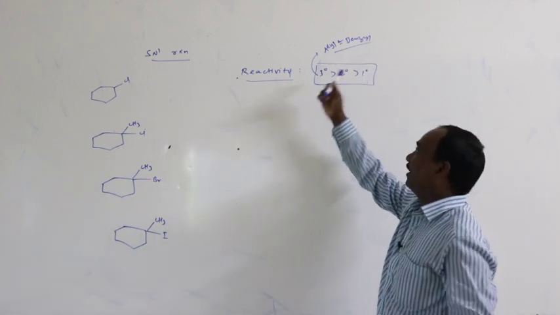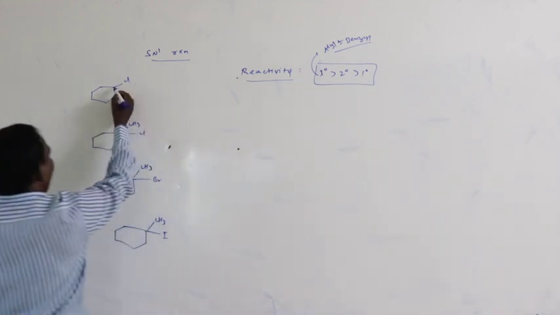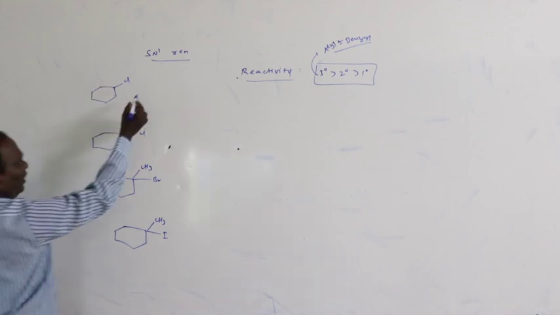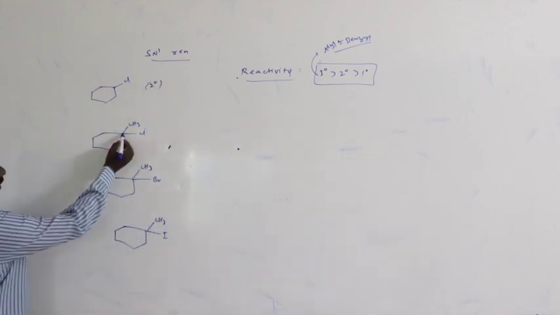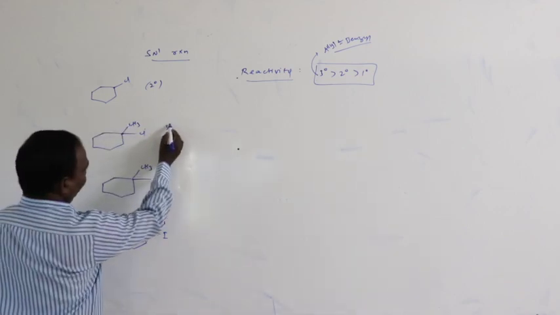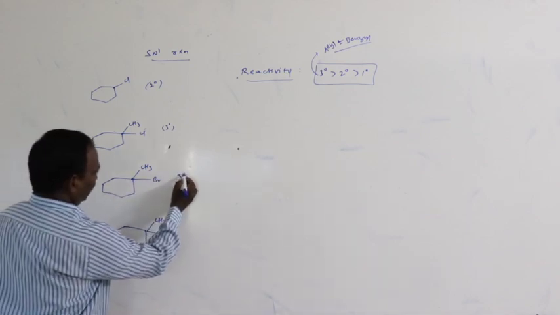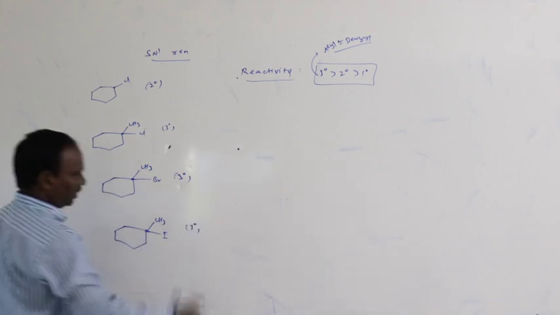After that tertiary, secondary, primary. Now in this case, the chlorine attached carbon is directly bonded to two other carbons, so this is secondary. Here the chlorinated carbon is bonded to three other carbons, so it is tertiary. This is also a tertiary carbon, and this is also a tertiary carbon.